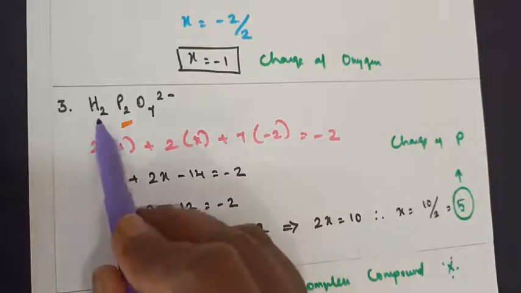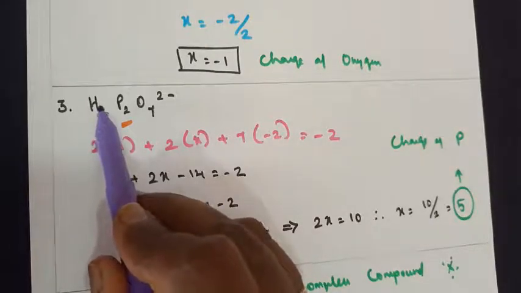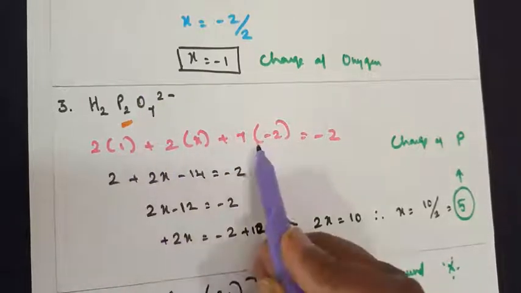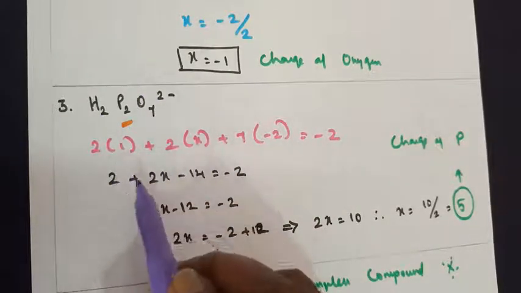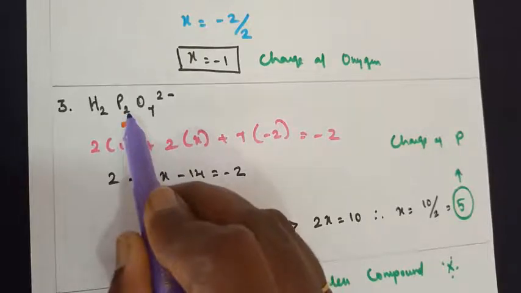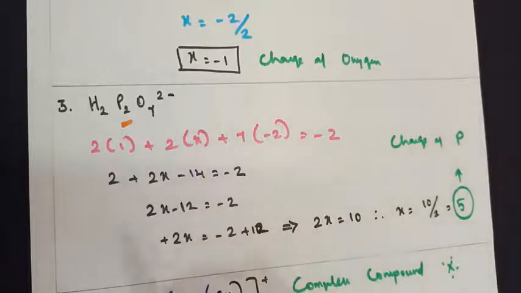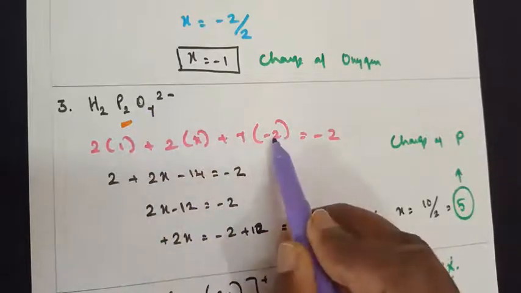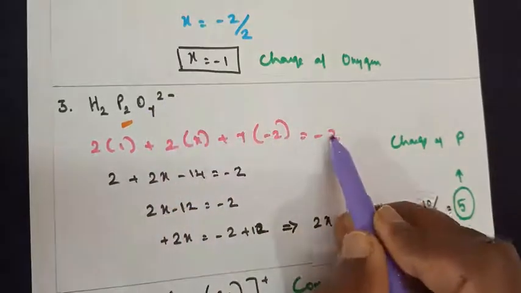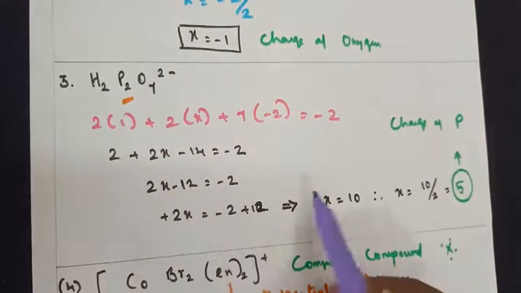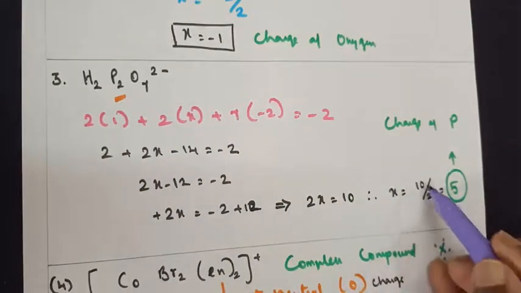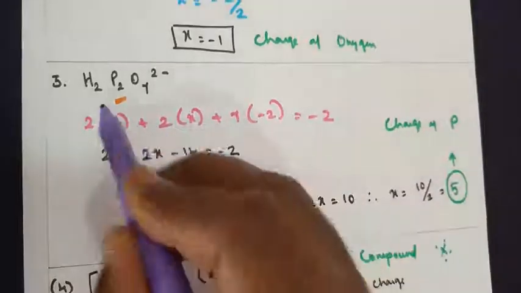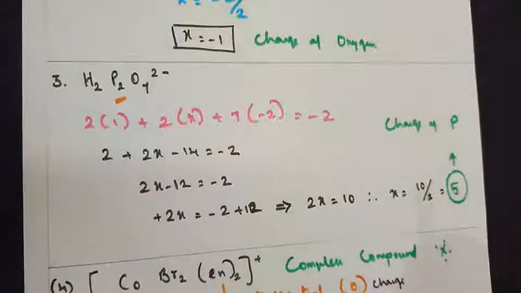So just write down, you know the charge of hydrogen is +1 and the charge of oxygen is -2. So substitute: 2 into +1 plus, we are going to calculate it, 2 into phosphorus, we take it as x, plus 7 into the charge of oxygen, -2, is equal to -2 as it is. When you work out, finally you arrive at x equals 10 by 2, which gives the oxidation number of phosphorus as +5.